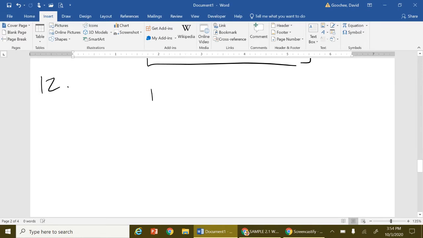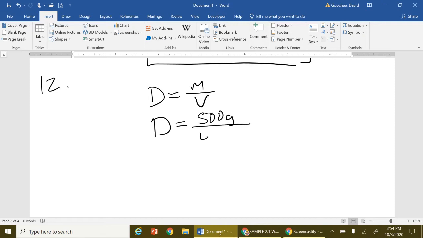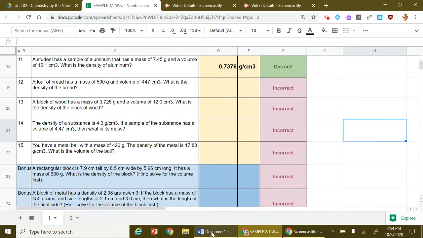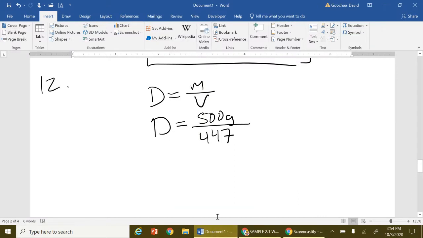Density equals the mass divided by the volume. We don't know the density. We're looking for it. The mass, however, is 500 grams, and the volume is 447. What units did they use here? Cubic centimeters. So 500 divided by 447.